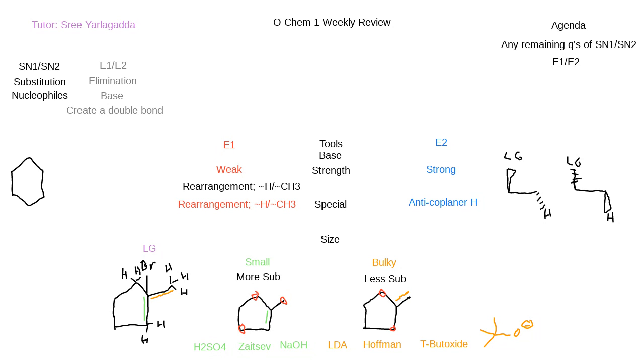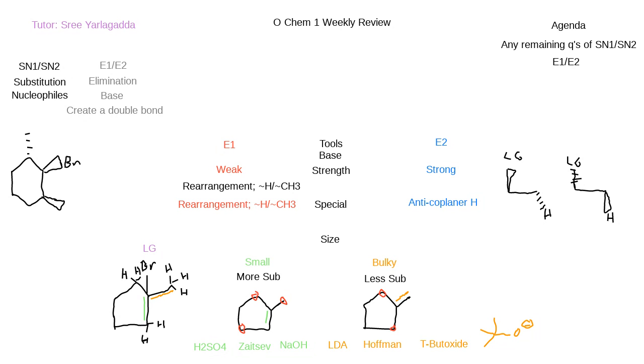So let's say there's a dash methyl here, a wedge bromine here, a wedge methyl here.